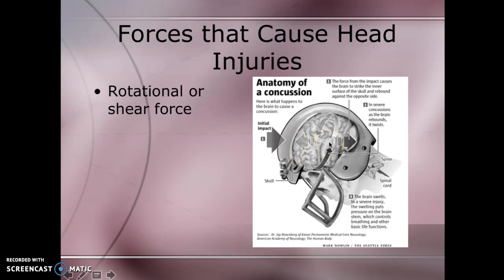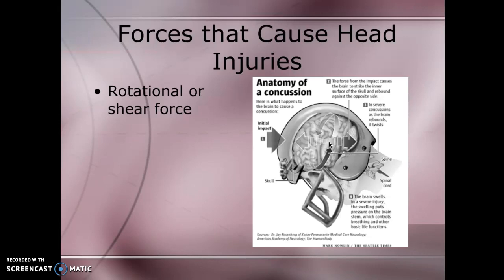But also, in severe concussions, what they found to be the difference is that there's this rotational force inside the skull as well, and that's causing more damage. The brain perhaps will swell, which is an indicator of a more severe injury. So when you have that rotational or shear force, that is where you can get a much more severe injury.